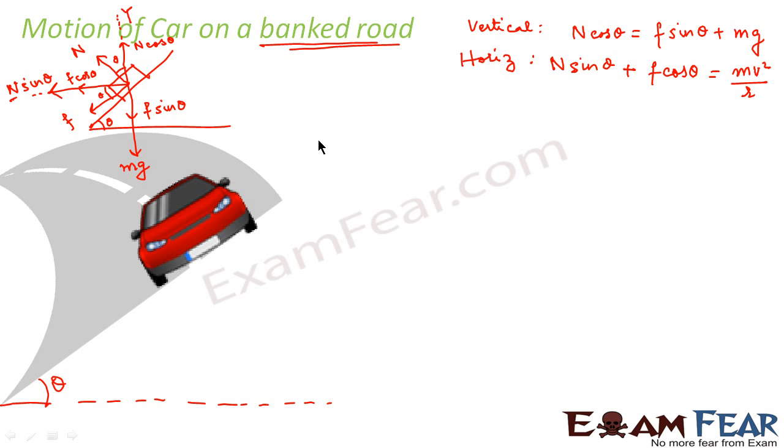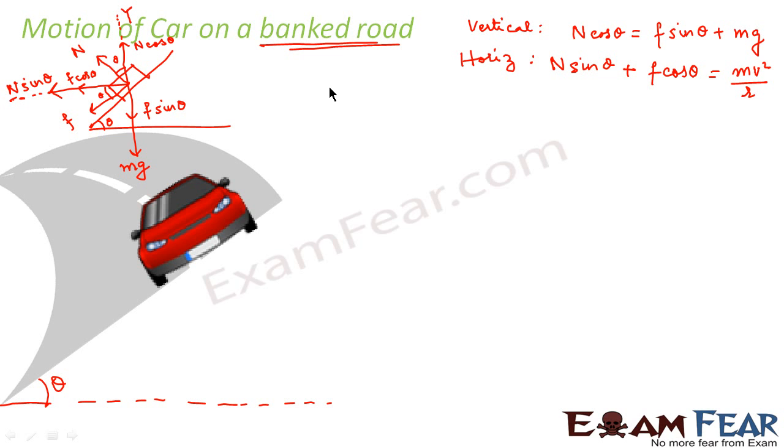In the previous case also we saw that the force of friction provided the centripetal force. In this case a component of the force of friction as well as a component of the normal reaction both together provide the centripetal force which makes the car move in a curved path. So we get these two equations of motion. Now let us try to solve the two equations.